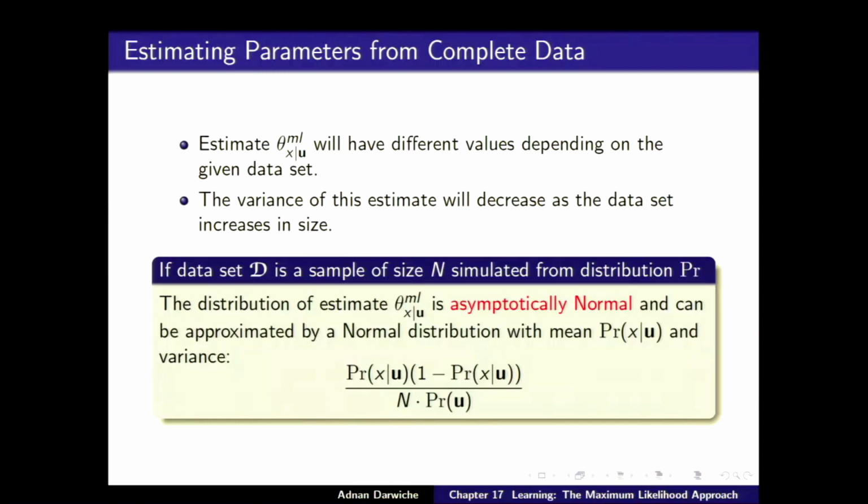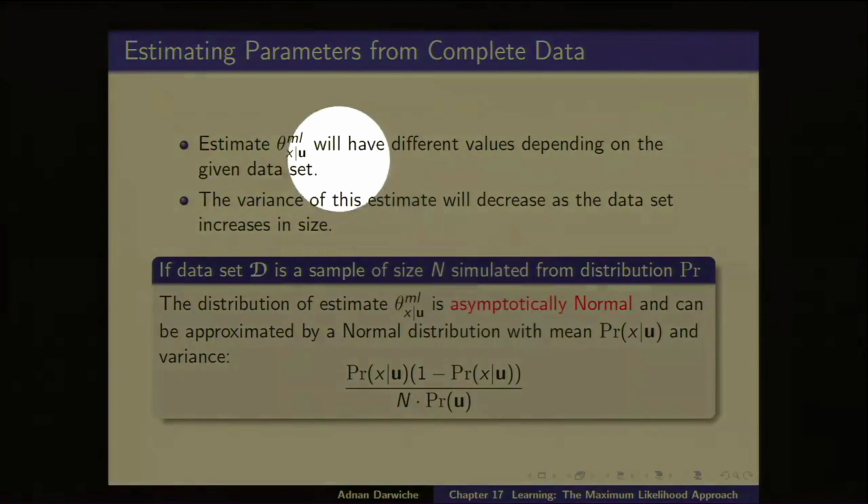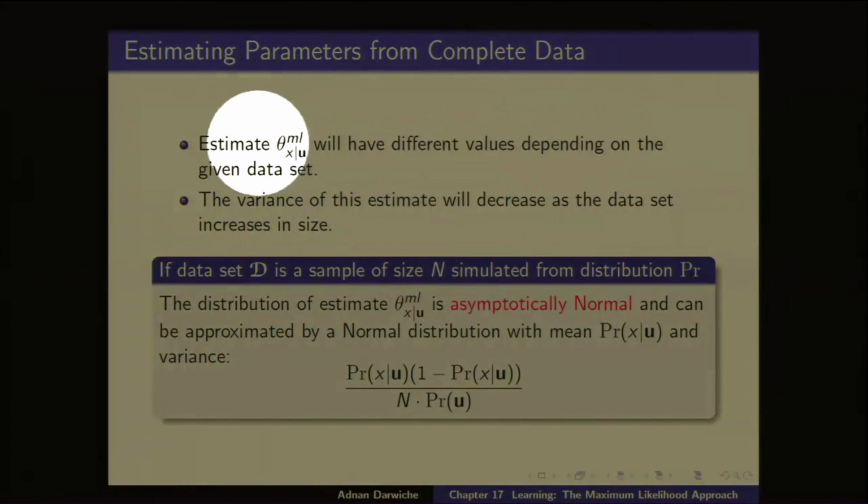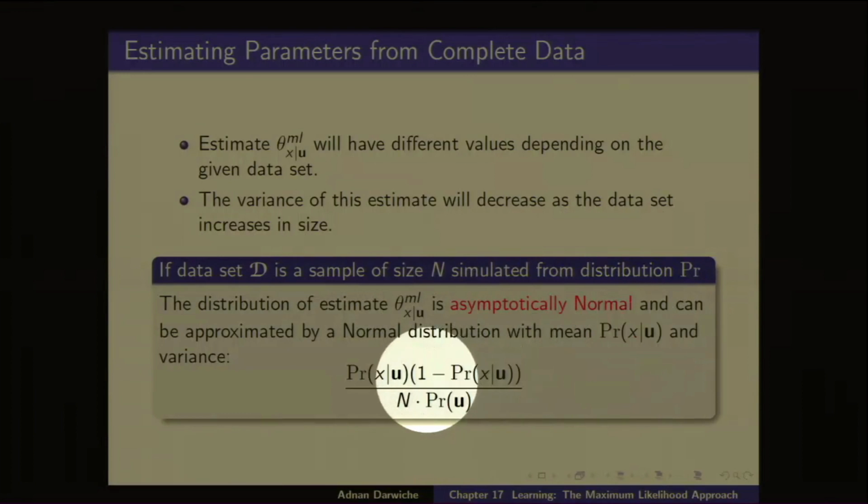Now, here's one of the properties of these estimates. As you can imagine, these estimates will be different depending on the given data set. They become more stable as the data set size increases. In fact, you can show that if this data set has this particular size and the data set is indeed generated from the underlying distribution, then the distribution over these estimates in the limit tends to a normal distribution that has this particular mean and that particular variance.